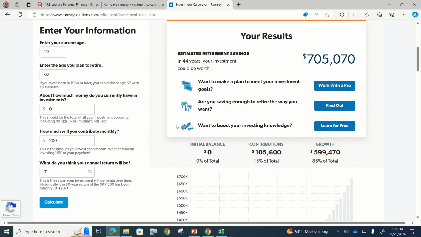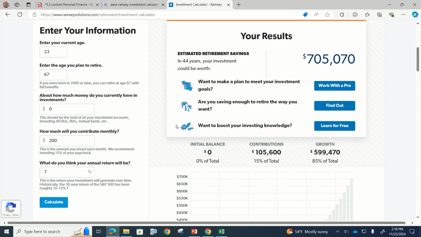So the cool thing about this little calculator is it'll tell you, if you can just put away $200 a month starting at age 23, then by the time you're 67, this is going to grow to $705,000, which is a little bit short of my goal, but also look at this.